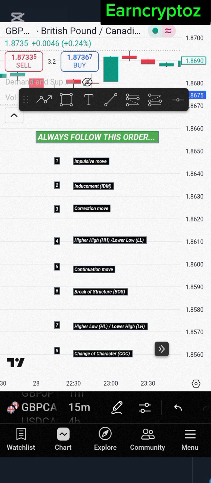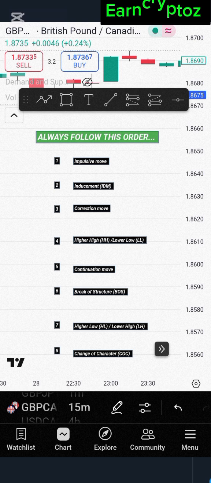Then after that you identify your continuation move, and after that you identify the break of structure. After that you identify the higher low if it is uptrend, or lower high if it is downtrend. And when the trend wants to change, we can identify the change of character. That's number 8.